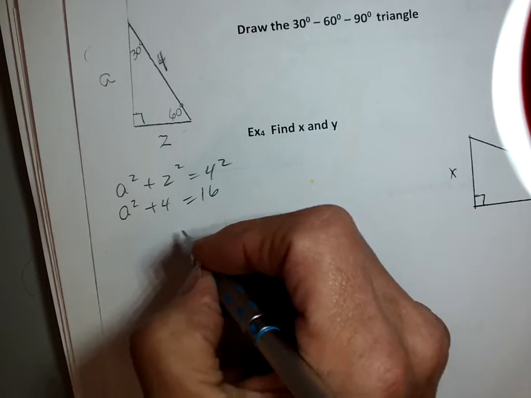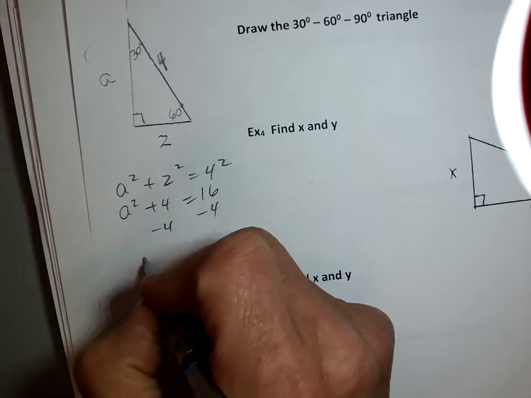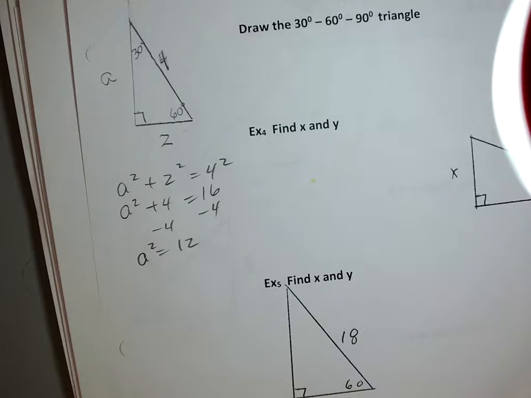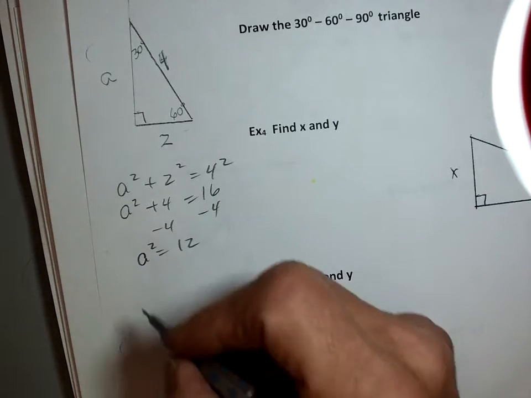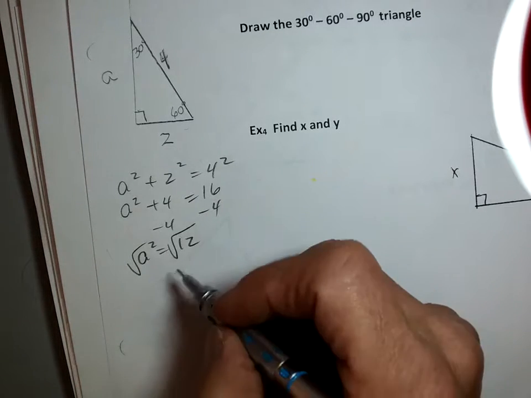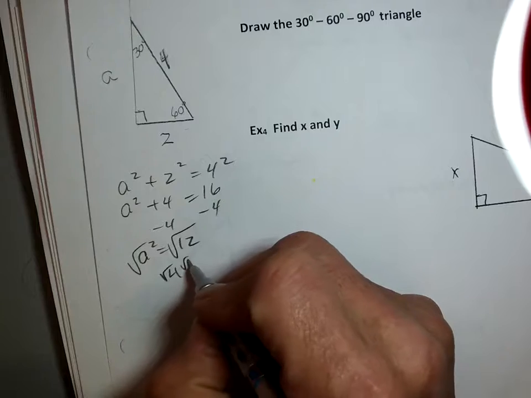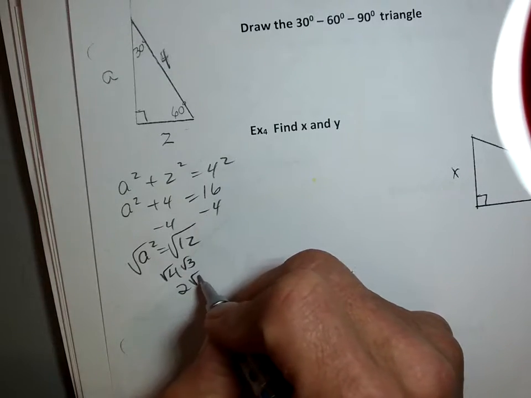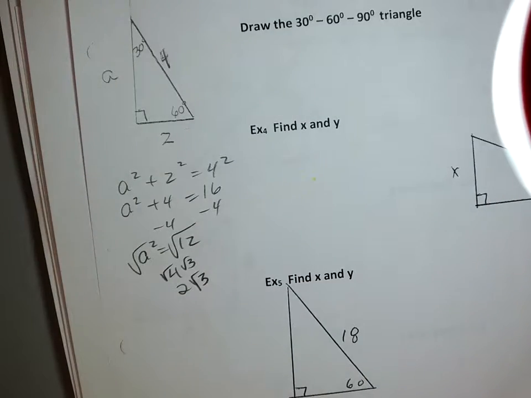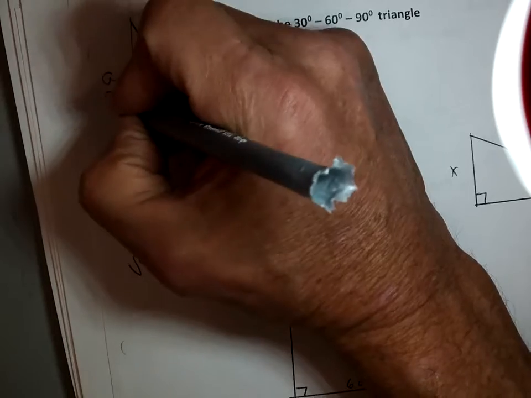Minus 4, minus 4, I'd have a squared equals 12. Square root it. And if we want an exact answer, I'm going to break down the 12. Annie's way ahead of me. 4 and 3, which makes 2 square root of 3. So this side here, we just write as 2 square root of 3.